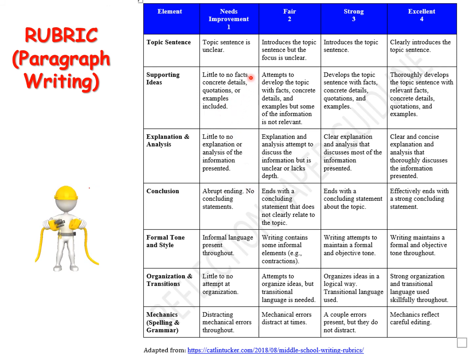Whenever you are short on those things, you really need to improve your supporting ideas in your writing. And same thing, we will use this to give you marks and scores. We will not just measure it by a ruler or something and give you marks. We will give you marks based on the rubric. All right.